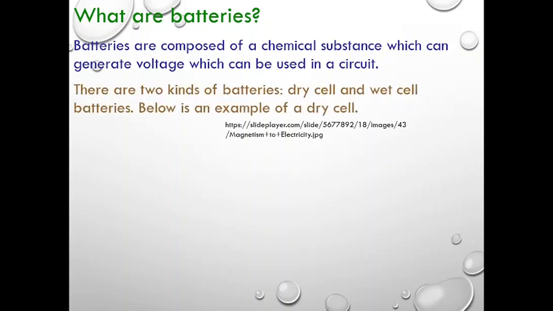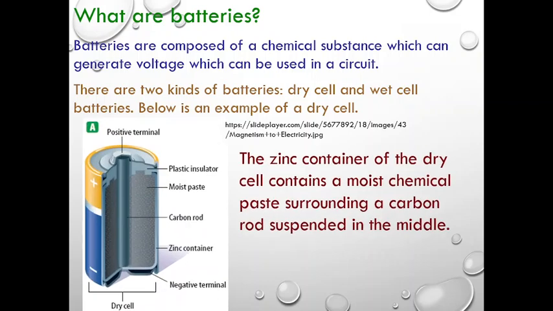There are two kinds of batteries, dry cell and wet cell batteries. Below is an example of a dry cell. The zinc container of the dry cell contains a moist chemical paste surrounding a carbon rod suspended in the middle.